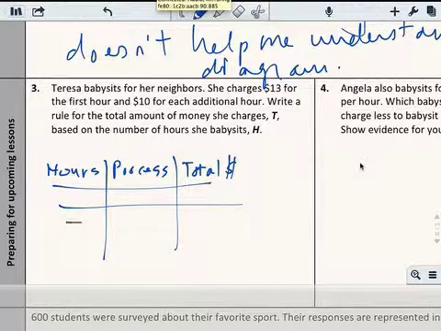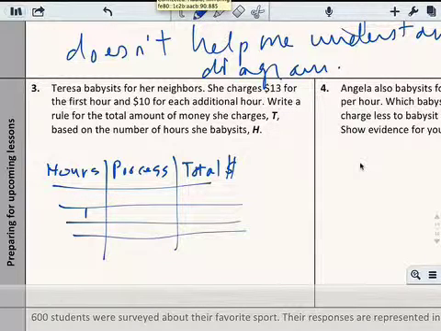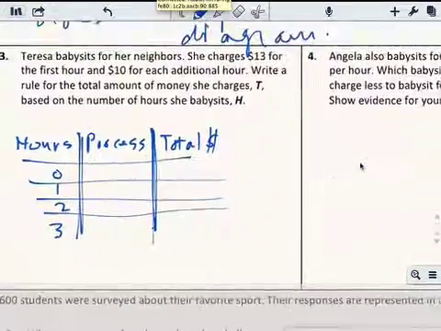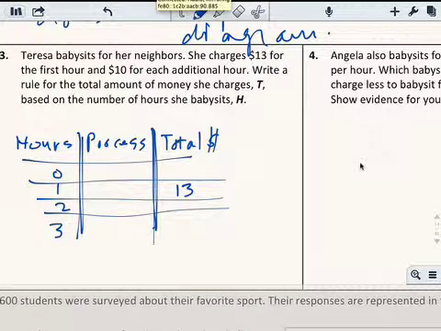Okay, so I know that she has 1 hour and then 2 hours and then 3 hours we'll take a look at. I'm going to go ahead and put a 0 in because I know how helpful having the 0 row can be. So I know for the first hour she charges 13, and then it's $10 more for each hour.